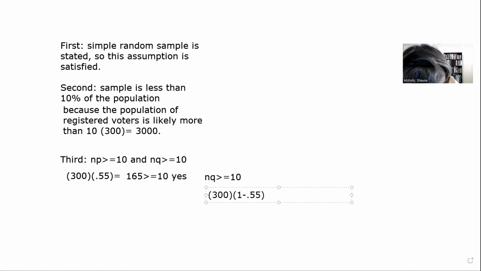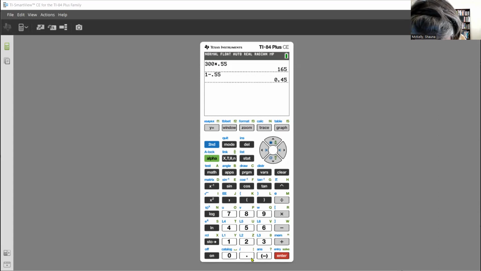And this is equal to, let's go to the calculator here. 0.45 times 300 people. 135 people. Okay. So now we know these are both satisfied.